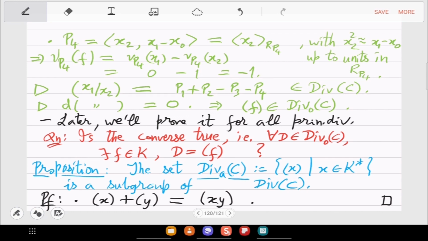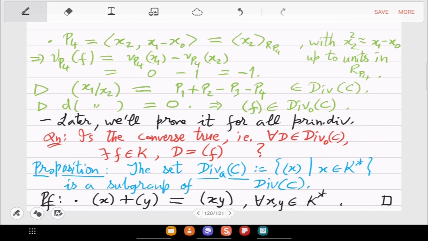This is true for all functions. You can check this by valuations. For any point, you look at VP on both sides, and you will see that it matches.